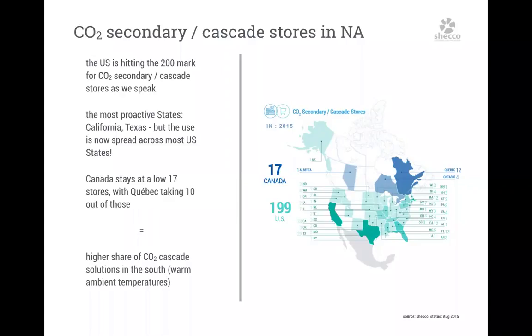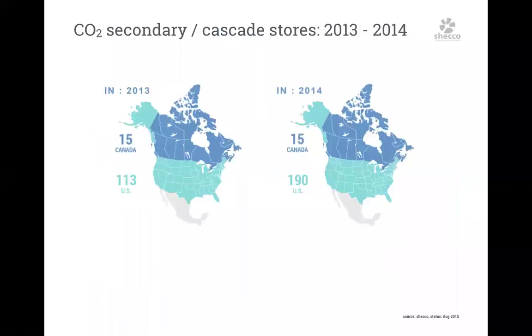So generally speaking, there's a higher share of CO2 cascade solutions in the south and warm ambient climate, warm ambient temperatures, than there is in the north. This time we also asked these suppliers and the end users to outline how the number of stores has developed over the last 2-3 years.